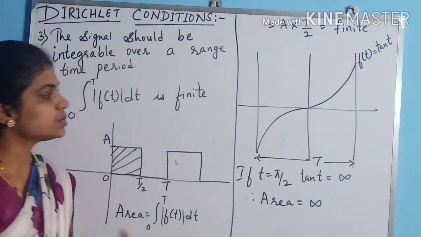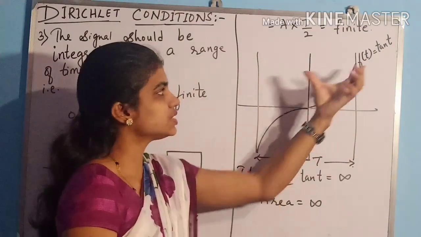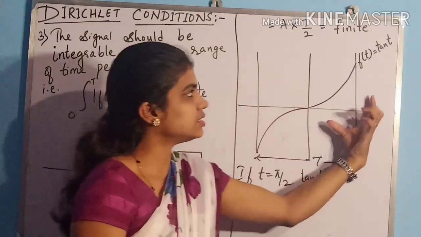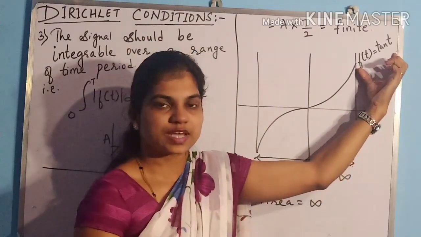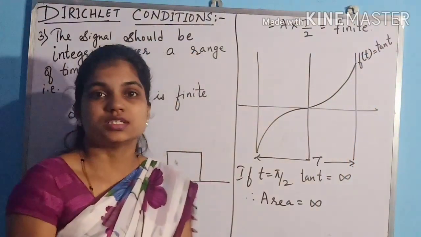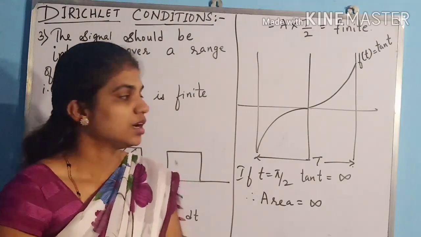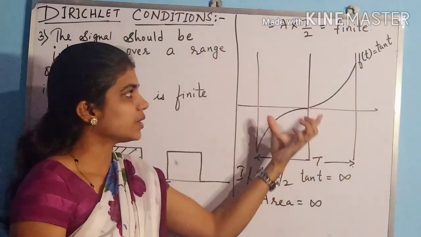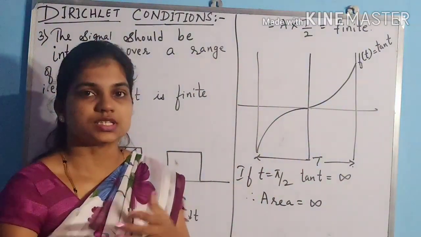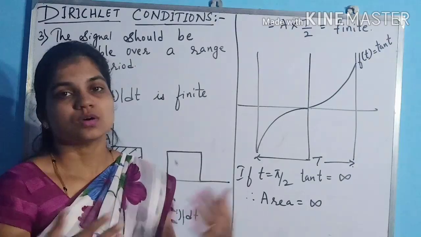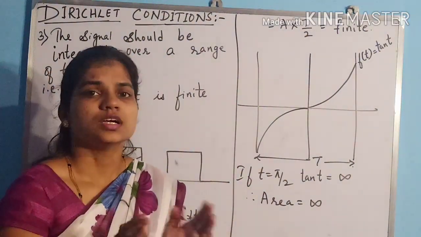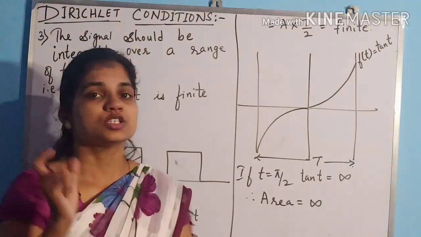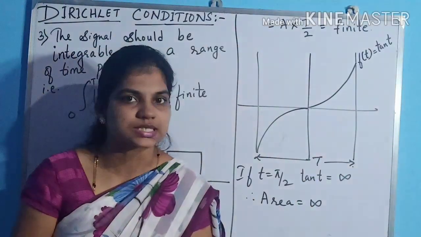Coming to the next diagram, here f of t is equal to tan t. So this function of time is representing tan of t. Now for the complete time period t, for all the values of t, say from 0 to pi or 0 to pi by 2, we should get a finite value so that the Fourier series exists.